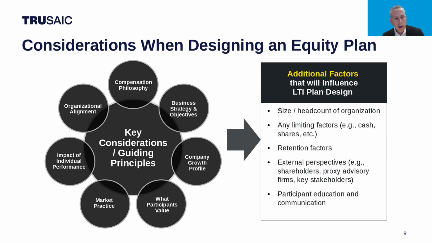Next up, the impact of individual performance. We want to understand to what degree long-term incentive award opportunities are differentiated based on individual performance. For a lot of my organizations, this is a key feature. They do differentiate based on performance.